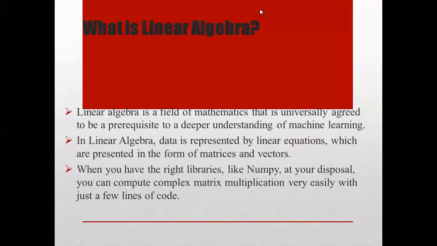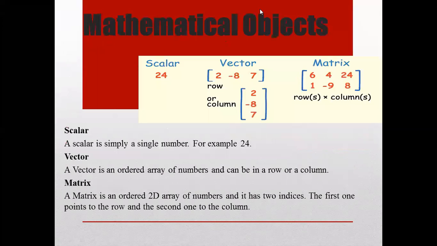The package you use will mostly be NumPy. NumPy will be covered in the second module of this course along with the basics of Python. The first module is only about linear algebra.